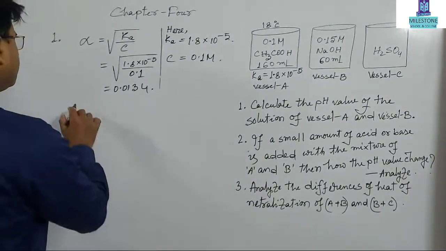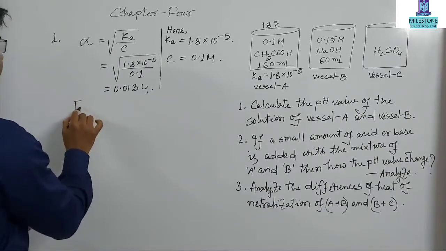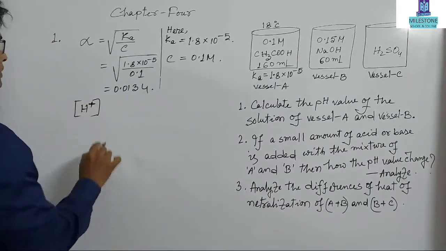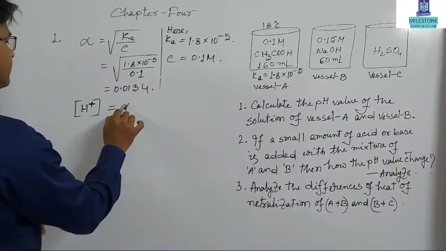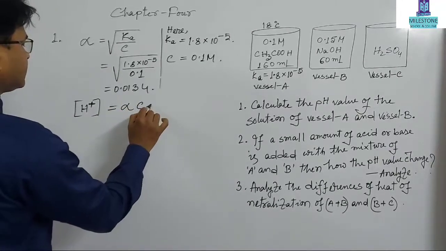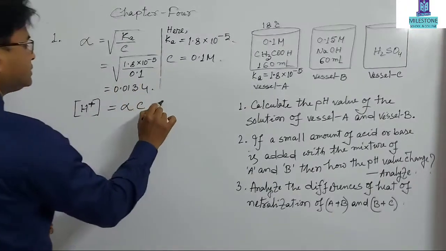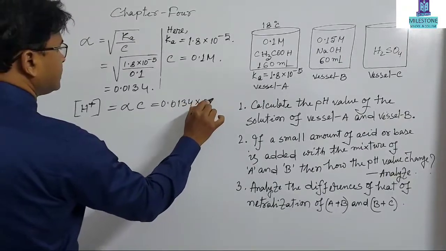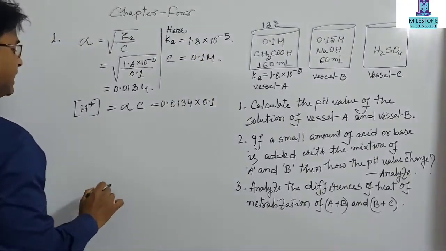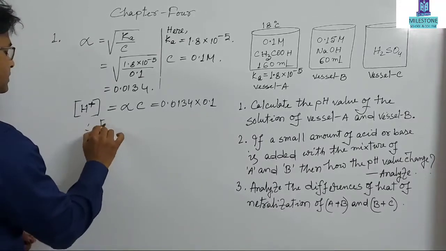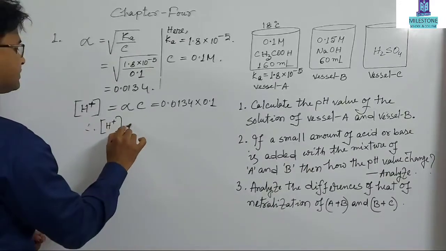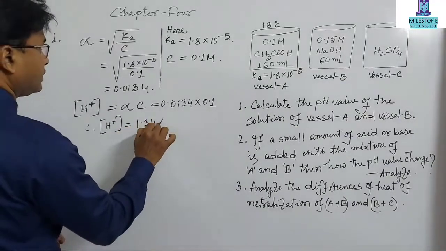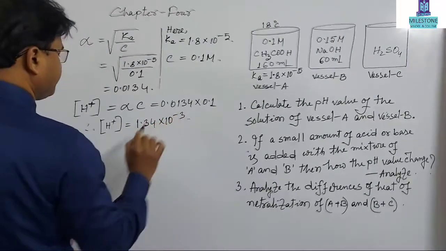And then we know that the molar concentration of H plus ion is equal to alpha C. Here the value of alpha is 0.0134 and C is 0.1. It is given in the stem. So the molar concentration of H plus is equal to 1.34 into 10 to the power minus 3.